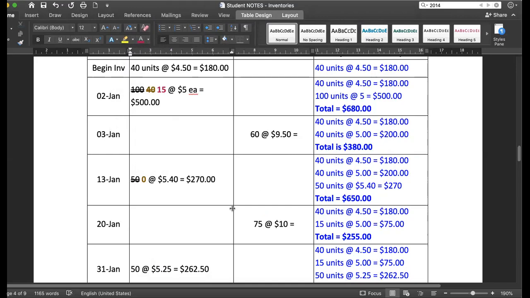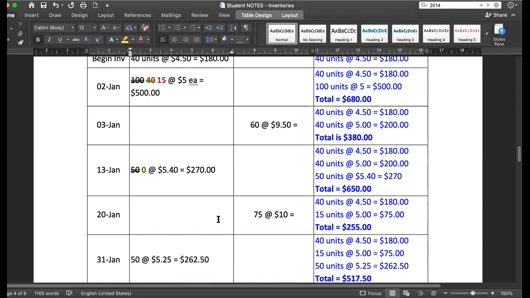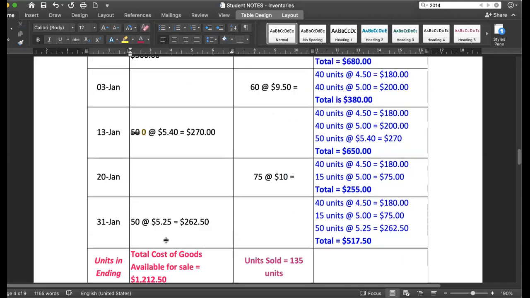So now we're down to here. What's left? Well, what's left is 40 units at $4.50, 15 units at $5. None of these for $5.40 units. So here is the total cost of the inventory on hand after the 20th of January sale.